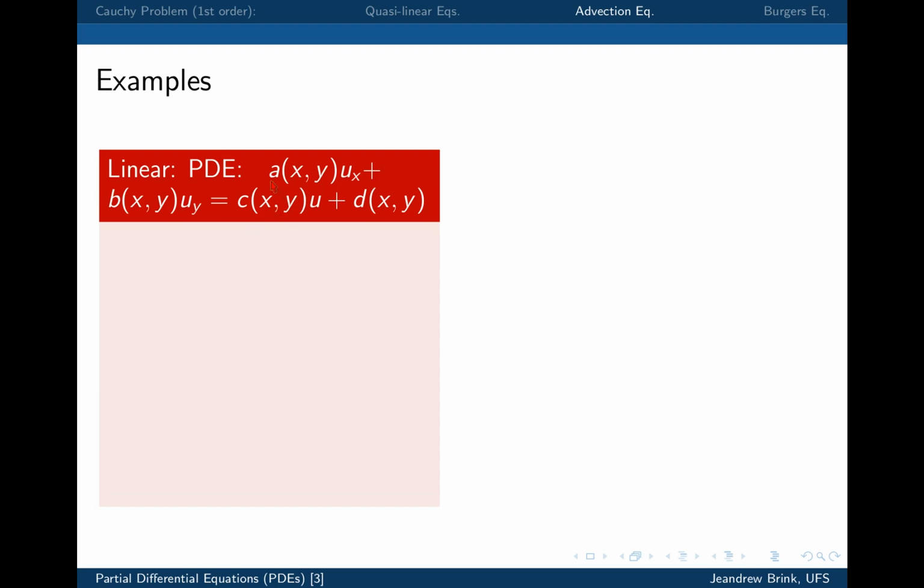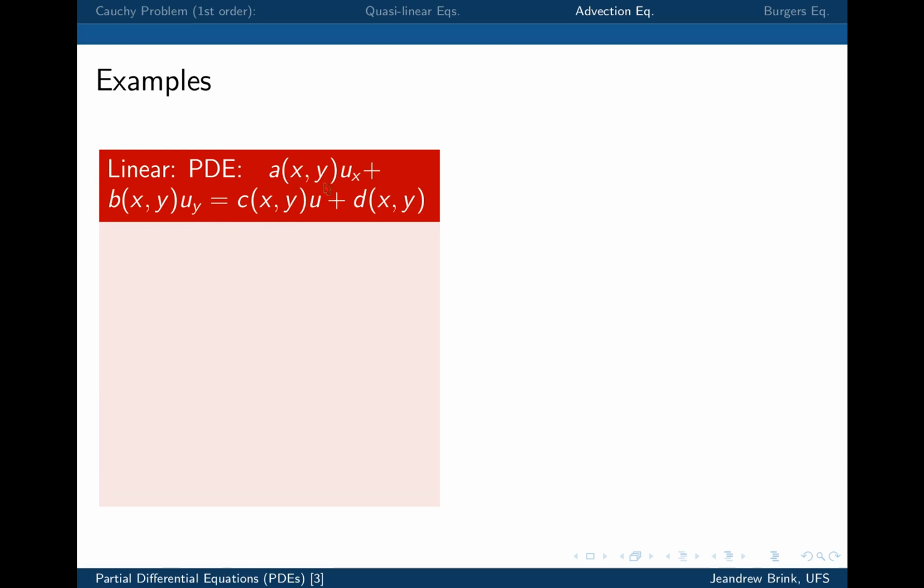So this theory we've developed so far, and that we'll generalize in the next lecture, has been for quasi-linear equations. So the difference between a quasi-linear equation and a linear equation is simply the way the functions are chosen. So here we still have it linear in the highest derivative, so you have the ux and the uy, but the difference between linear and quasi-linear is that the dependent variable can no longer appear in the coefficients.